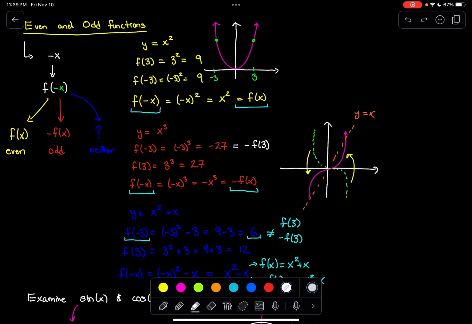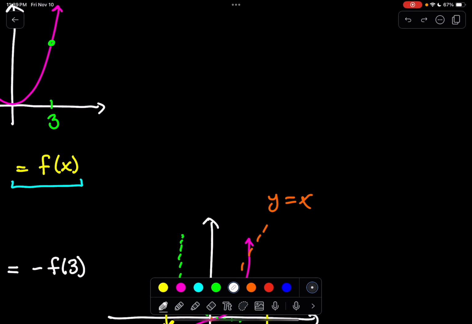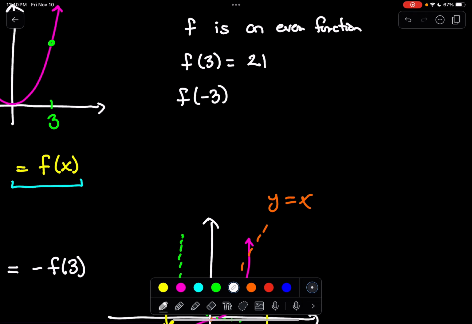And again, the purpose of doing this is that if you can identify that something is an even function or an odd function, that it follows this pattern for all sorts of numbers, it's really nice. For instance, I'll do a quick example. If I were to tell you that f is an even function, and you know that f of 3 is equal to 21, and then I asked you to figure out what f of negative 3 is, you could immediately tell me that the answer is going to be 21.